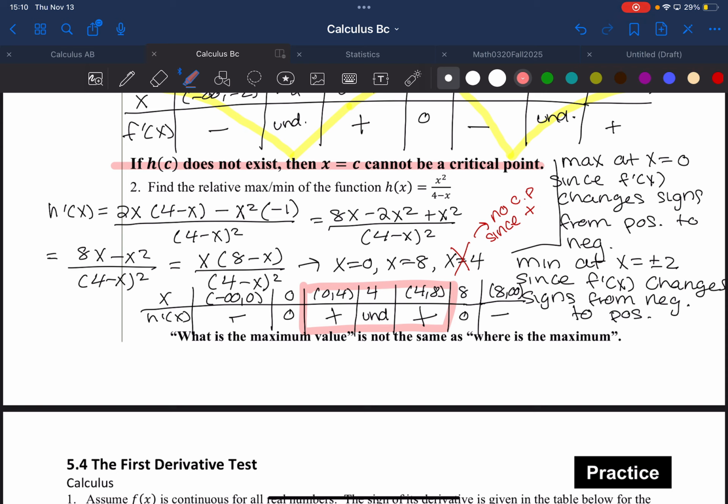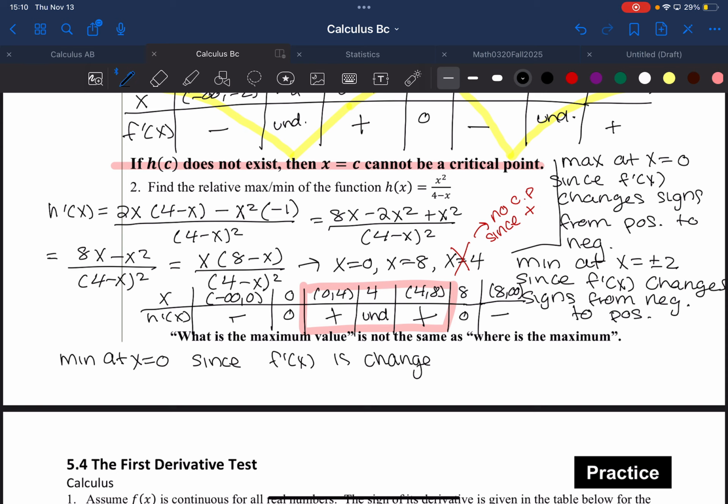So based off of those critical points, which one's a maximum and which one's a minimum? 8 is a max and 0 is a minimum. So we would write our justification. So we'd say we have a minimum at x equals 0 since f prime of x changes signs from which one to which one?